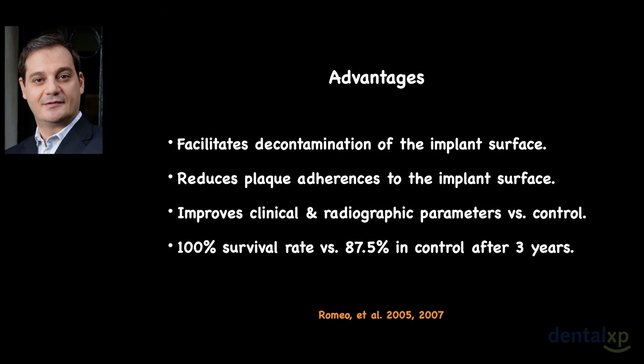So the advantage is that it facilitates the decontamination. I mean by that, we are not destroying the surface of the implant, but rather just reducing or cleaning the surface by polishing it.